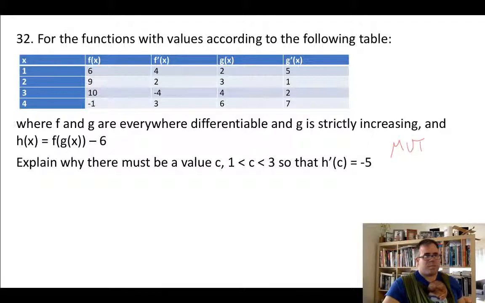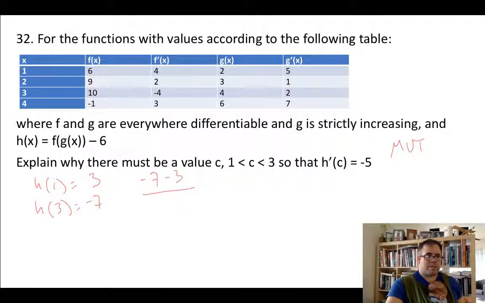So let's look at what the mean value is. So if you remember, h of 1 was 3, and h of 3 was -7. Right? So that means the average value is going to be -7 minus 3 divided by the difference between 3 and 1.